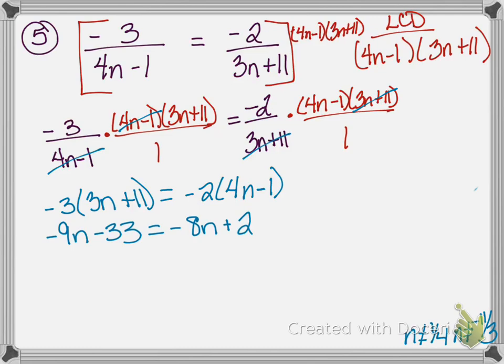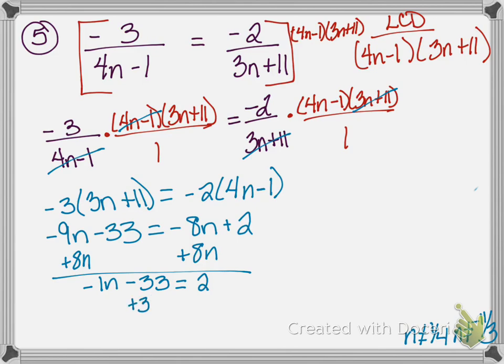Okay, so now I'm going to solve. What I'm going to do now is add 8n to both sides. Okay, so now I have negative 1n minus 33 equals positive 2. I add 33 to both sides, and I end up with negative 1n equals 35.